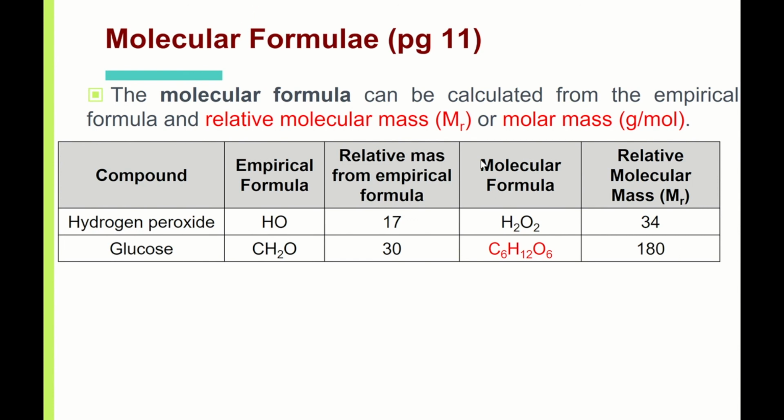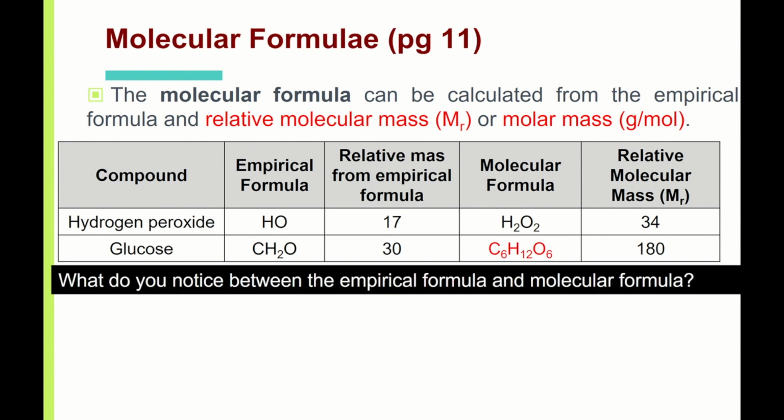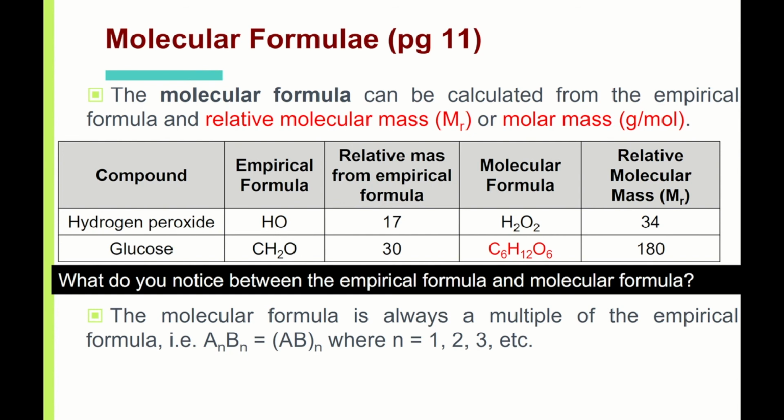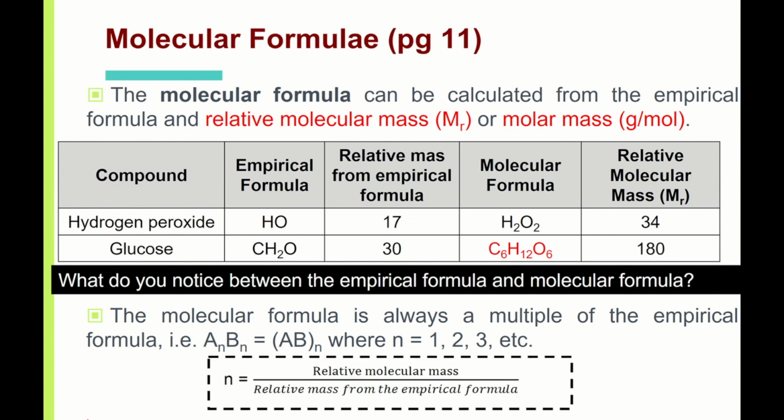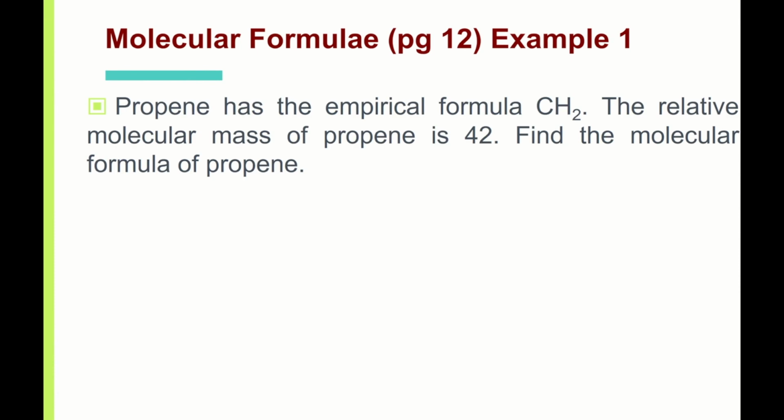So the molecular formula is a multiple of the empirical formula, where n can be 1, 2, or 3, and so on. Let's try, for example, propene. The simplest formula is CH2. However, when I do my experiment, I realize that the actual mass is 42. 1 mole is 42. So what do I do?